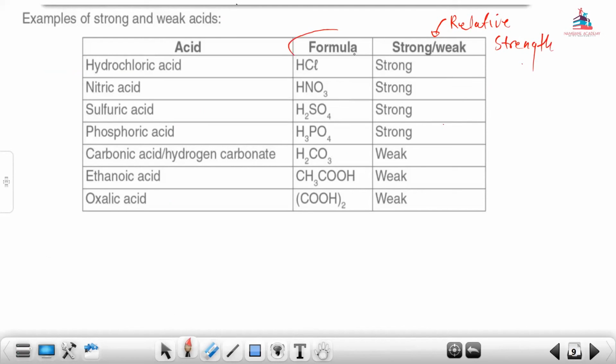And you also need to know the formula as well as the name. Because an examiner can easily say we have a reaction of hydrochloric acid with water. So you need to know the formula of hydrochloric acid and that of water.